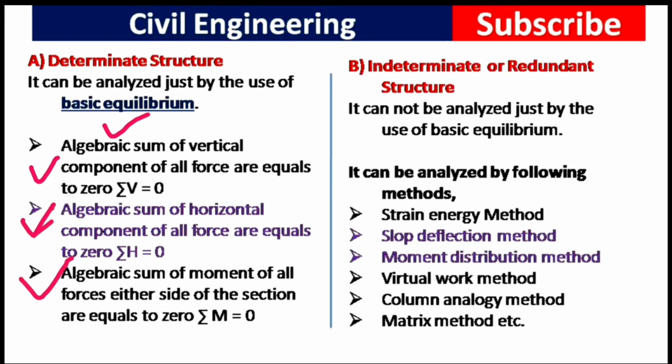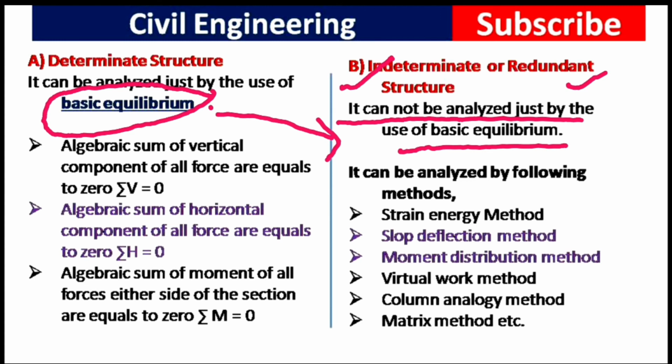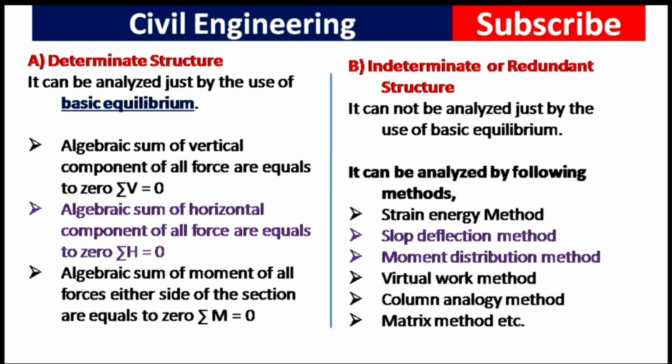Okay, now let us see how an indeterminate or redundant structure is analyzed. It cannot be analyzed just by use of basic equilibrium. Okay guys, it needs some special methods to analyze the structure. For example, there are various methods to analyze the structure. They are strain energy method, slope deflection method, moment distribution method, virtual work method, column analogy method, matrix method.